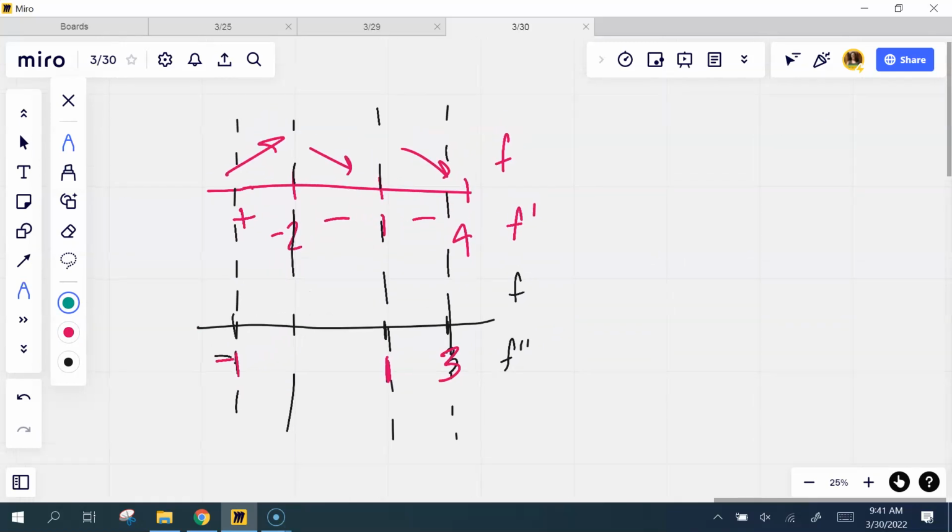I start with a negative slope because I'm going down, then I go up, then down, then up, and then past 3. What did I mess up? 1 to 3. Oh, this is still positive. This is negative. There you go. So this is concave down. These are all concave up here, concave down, concave up.